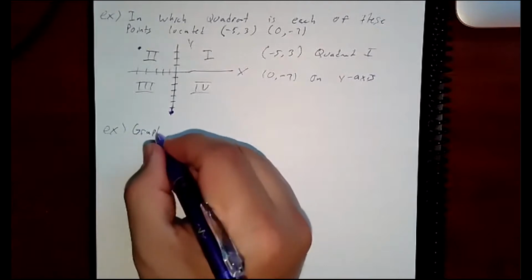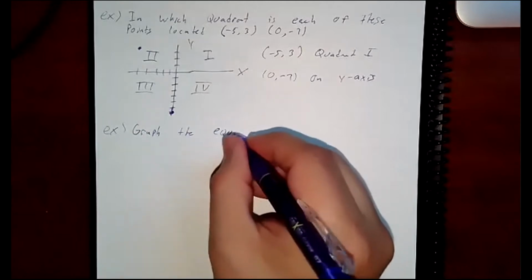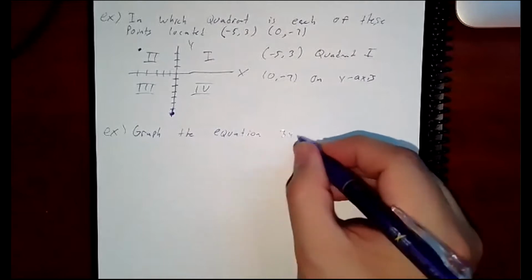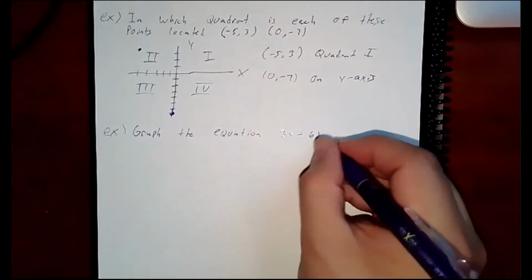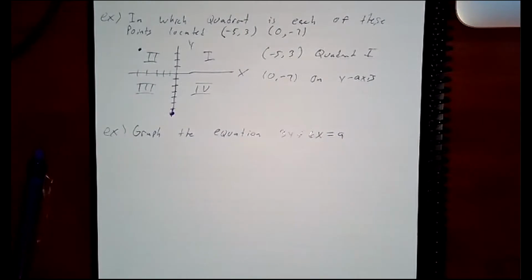Graph the equation 3y plus 6x equal to 9. Since we're in business math, I'm not going to force you to do this by hand. I'll show you graphing programs.